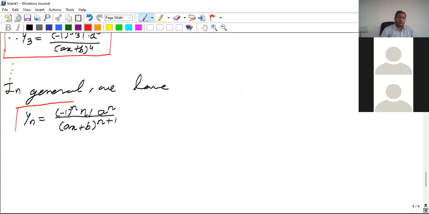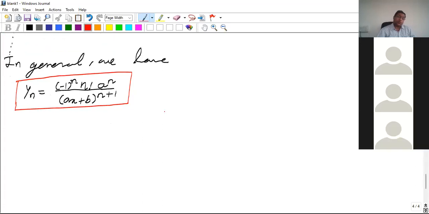Okay, so this is how we are able to get the nth derivative of the reciprocal function. We got the nth derivative of the algebraic function, and we got the nth derivative of its reciprocal function. Now, what happens if we have a logarithmic function?